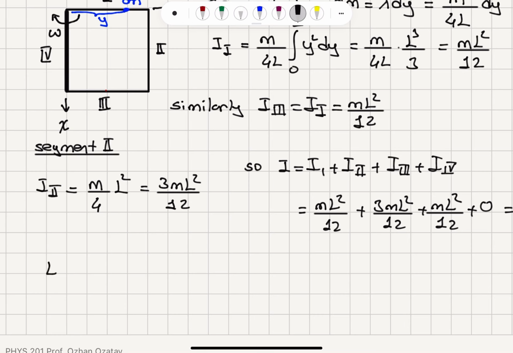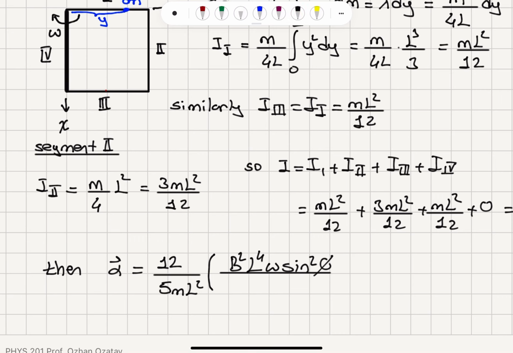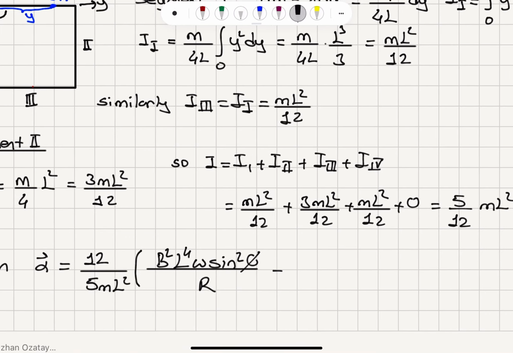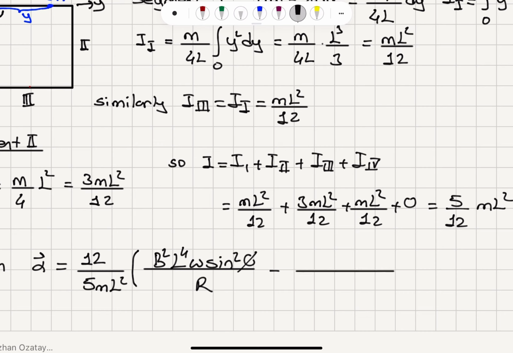Then I can write alpha to be 12 over 5mL squared, net torque divided by moment of inertia, multiplied by the net torque we calculated in part A, B squared L to the fourth power omega sine squared phi divided by R minus mgL cosine phi over 2 in I hat direction.